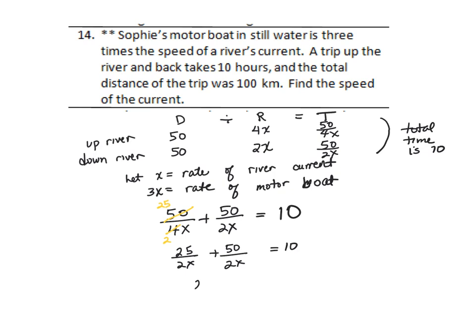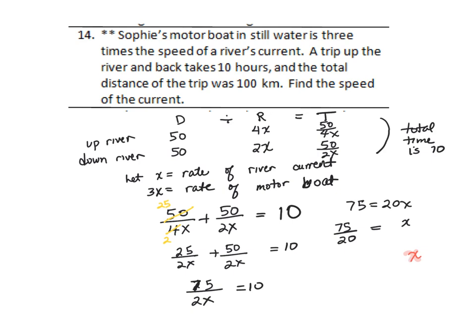So 25 plus 50 would be 75 over 2x equals 10. So 75 equals 20x, and x equals 75 over 20. And x comes out to be 3.75 when we divide.